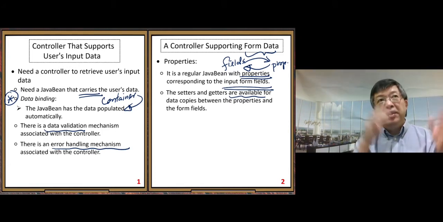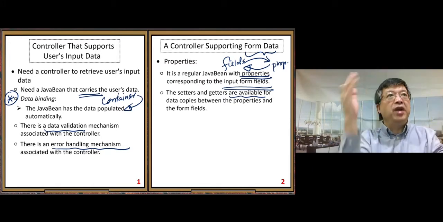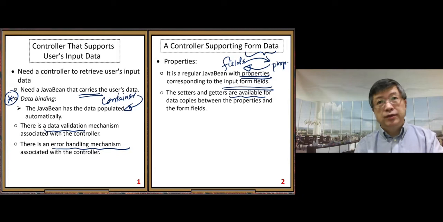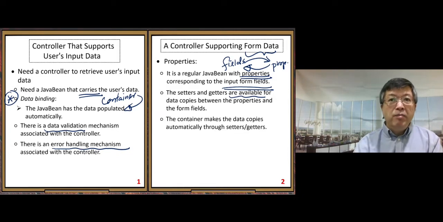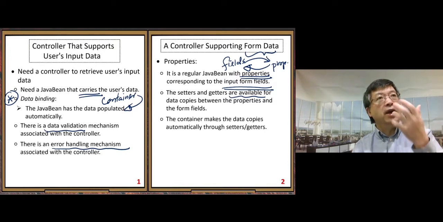Otherwise, the data copy, the data binding part, will break. Won't work. That's easy for us, so we can do that easily. Next, the container makes the data copies automatically through setters and getters.